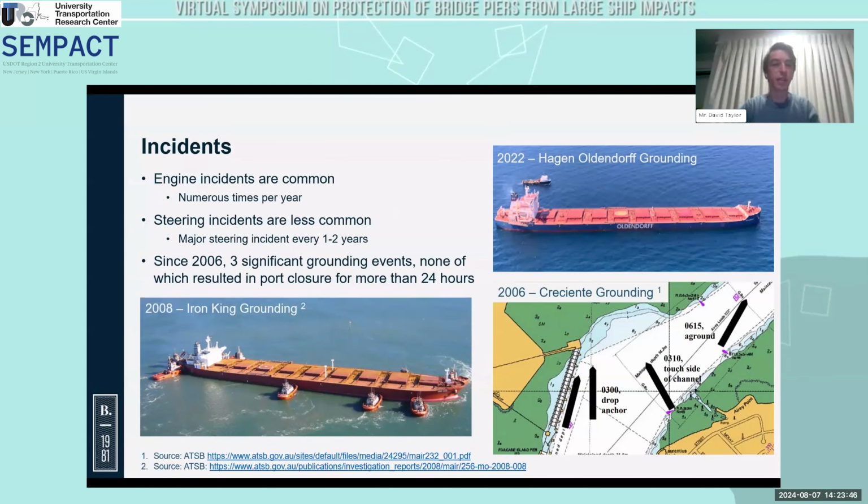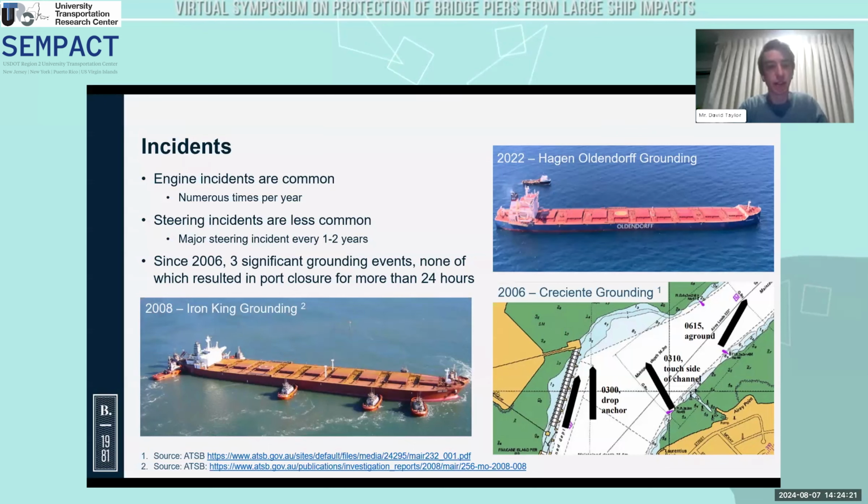A steering failure is a failure of a mechanical or electrical system in the steering systems on board a ship, whereas a steering incident is more likely some combination of a relatively minor fault on a ship, and then human factors come into the process, which actually drive the incident for a ship to then lose control or lose its intended navigation path through the channel.